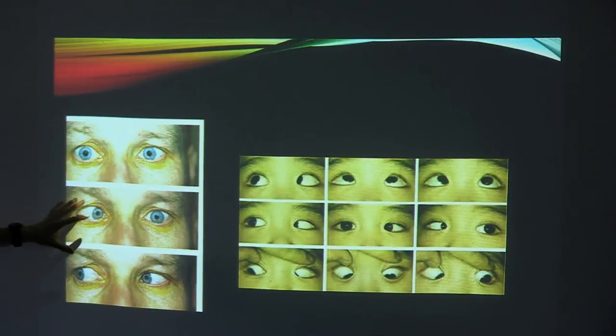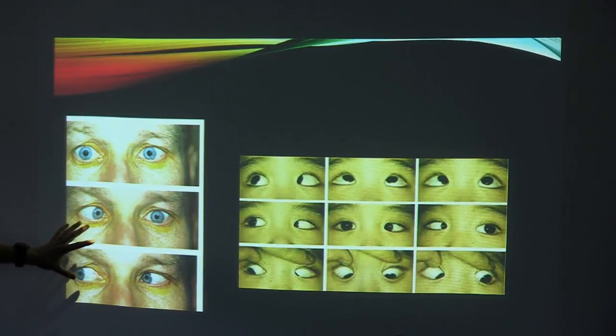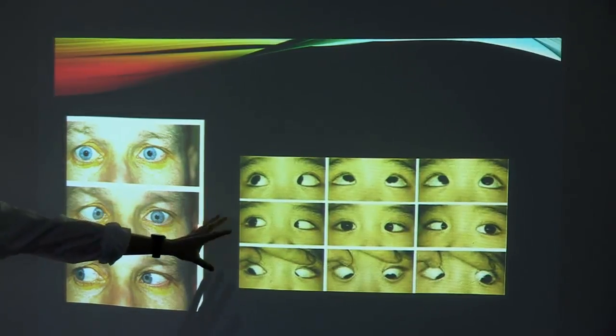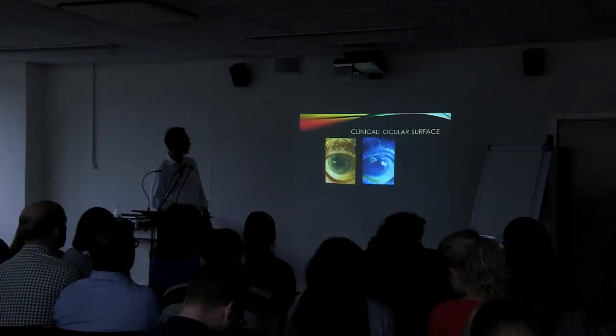So that's called incomitant, and that's a concomitant squint. Concomitant means the angle's always the same. Incomitant means the angle changes. This is worrying, because this is much more likely to be a neurological problem. This is much less worrying, and this is what you see in common childhood squints. So concomitance and incomitance: whether the angle between the eyes changes depending on where patients look.